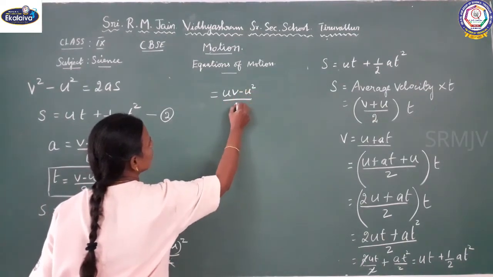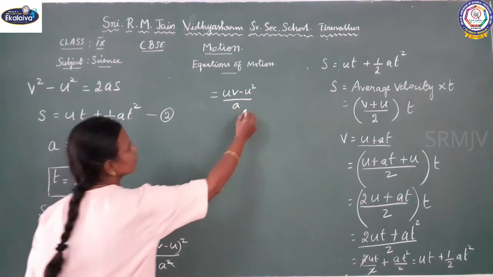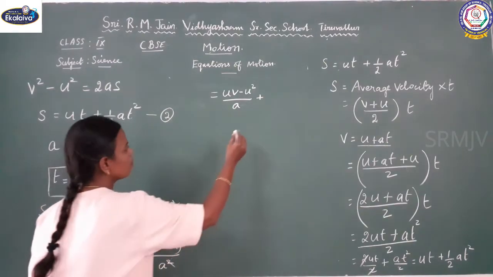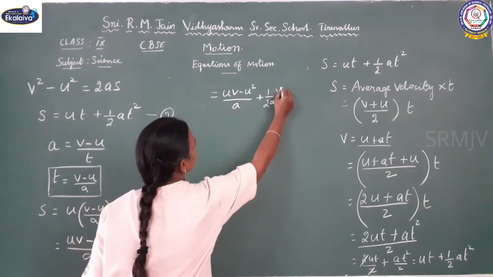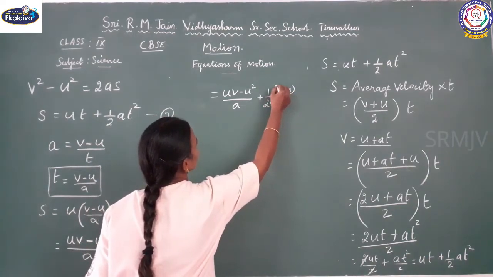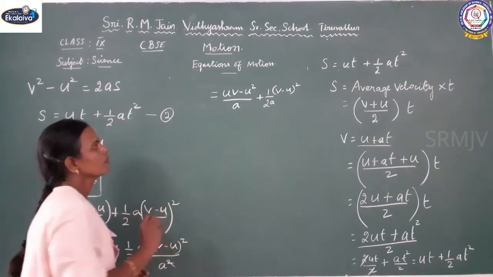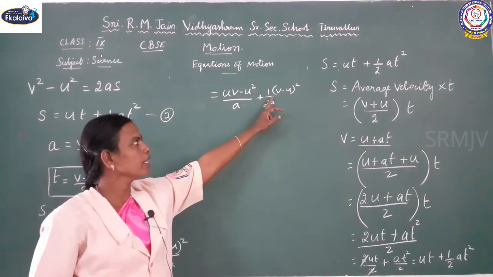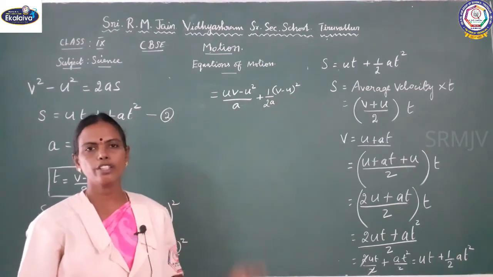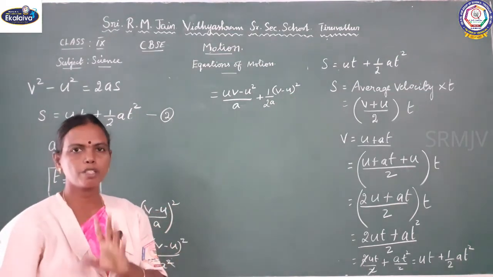So s is equal to uv minus u squared by a plus 1 by 2a into v minus u squared. All of you know that a minus b the whole squared is equal to a squared minus 2ab plus b squared.